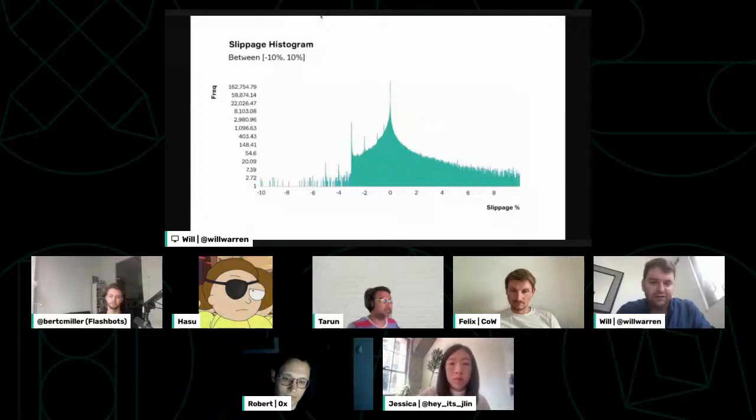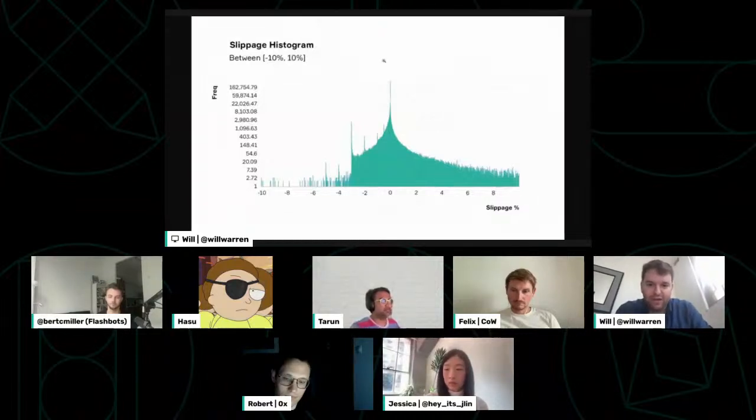That means the user ends up getting a better price than they were anticipating based on what was displayed in the user interface. That would be an instance of positive slippage.